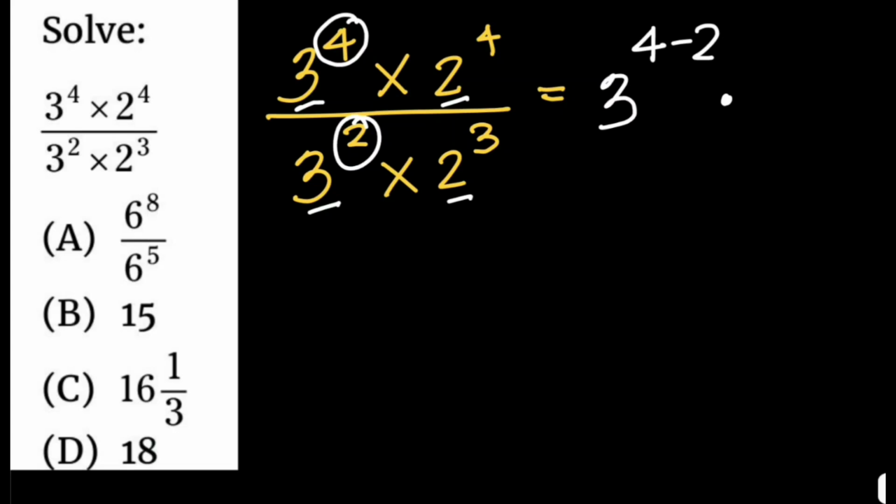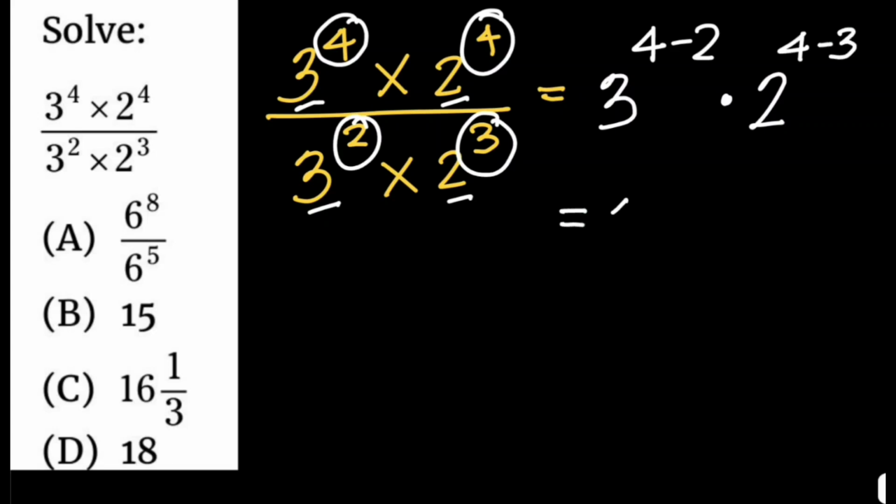They also have the same base, which is 2. So we can apply the same rule, the division rule of the law of exponents. We copy the base, which is 2, and then we subtract the exponents 4 and 3. So this would become 2 to the 4 minus 3.